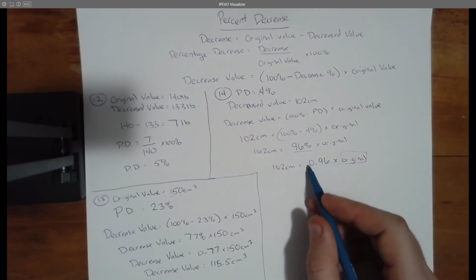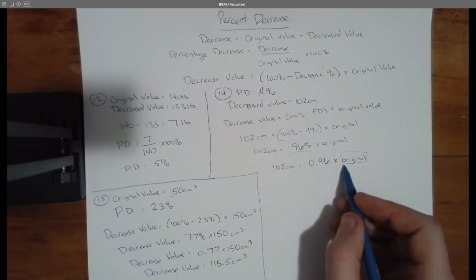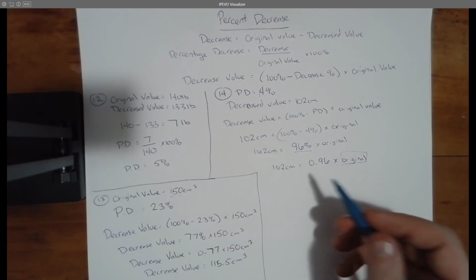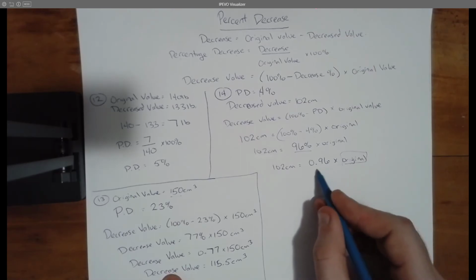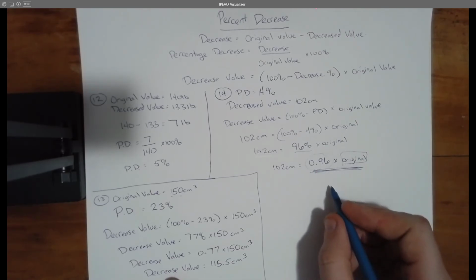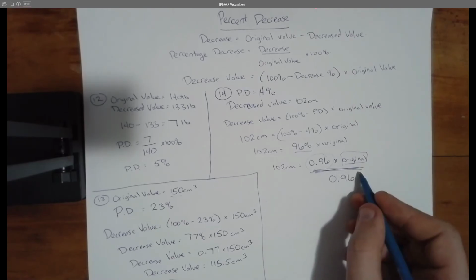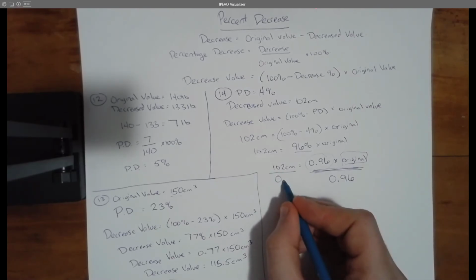So I want to get rid of that. I want to find a way to move that out of this side of the equation. And my way of doing that is using opposite operations. So the opposite of times is divide. So I'm going to be dividing this value, 0.96, in order to get rid of it. Whatever I do to the right, I have to do to the left.